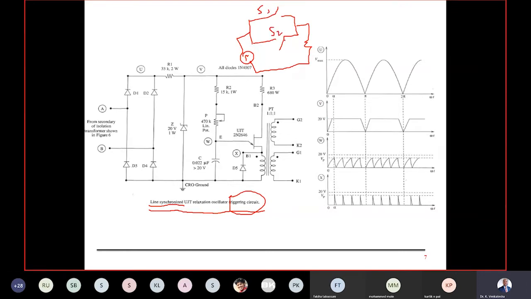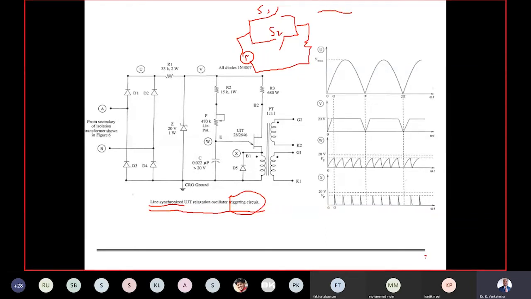S1 should be turned on during the positive half cycle, so that current flows from the source to the load. S2 is to be turned on during the negative half cycle, so the current flows from the load to the source in the opposite direction. Both S1 and S2 are unidirectional switches. They won't conduct current in the opposite direction.